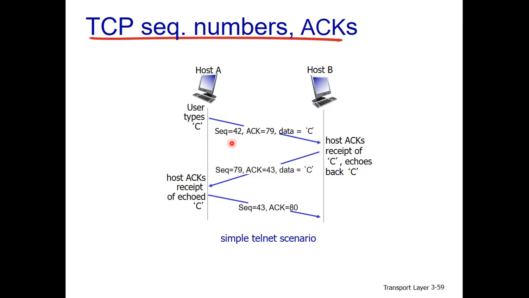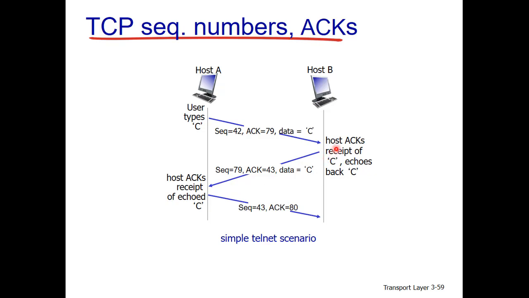Initially, assume the sequence number is 42, and it has an acknowledgement number of 79. This acknowledgement number tells B that host A is expecting a packet with a sequence number of 79.